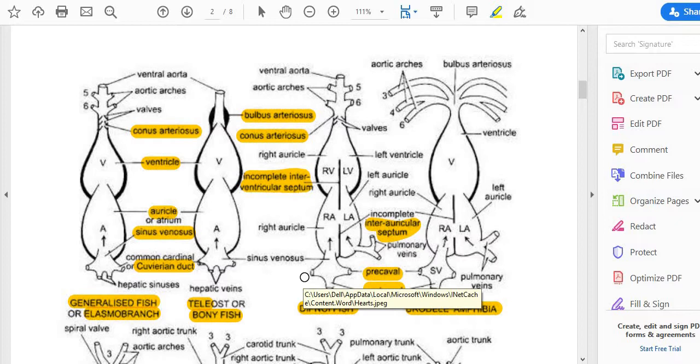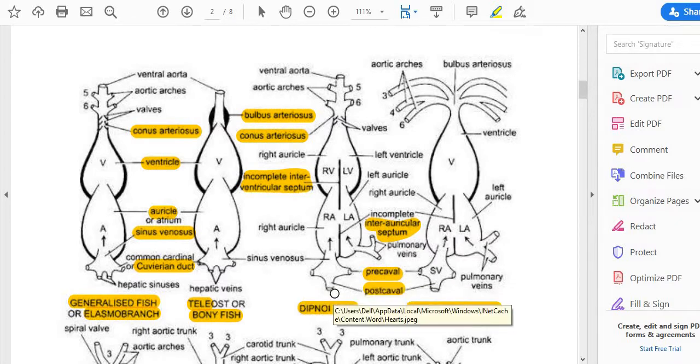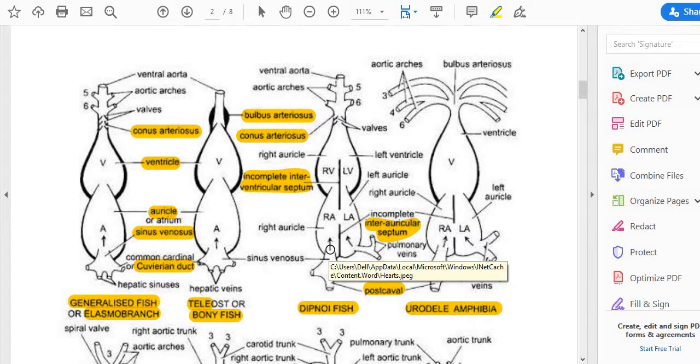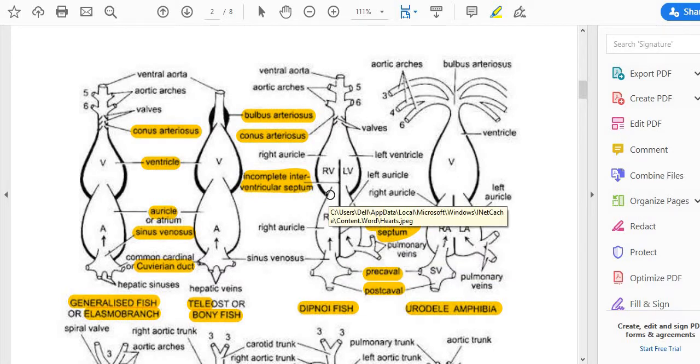So here also we find a pre-caval vein, here also we find a pre-caval vein, and the post-caval vein is only 1. These veins help in the collection of deoxygenated blood into the sinus venosus. From the sinus venosus, the blood flows into the right auricle. From the right auricle, the blood gets passed into the right ventricle.